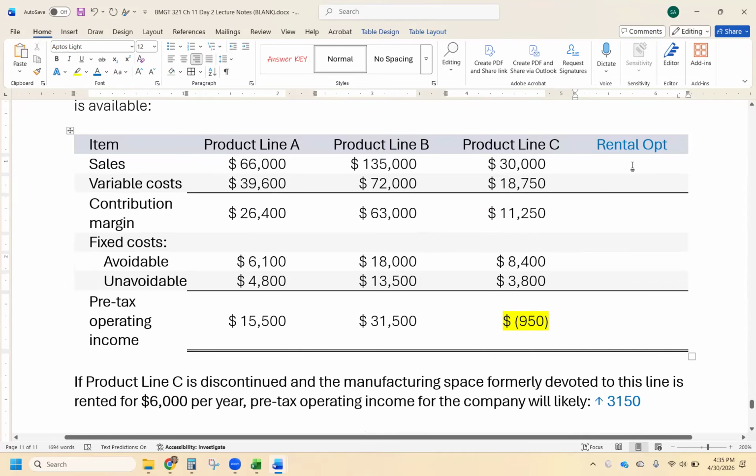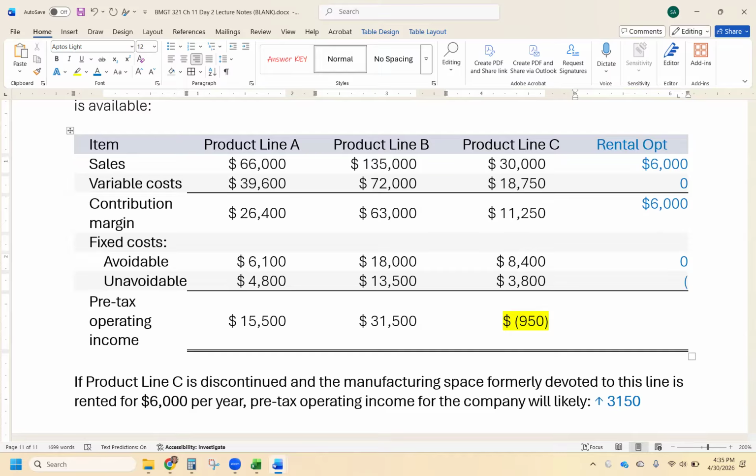So rental option, the sales would be 6,000 for the renting. No variable costs. Contribution margin is then 6,000. Fixed costs, avoidable would go to 0. Unavoidable would still be there at 38.